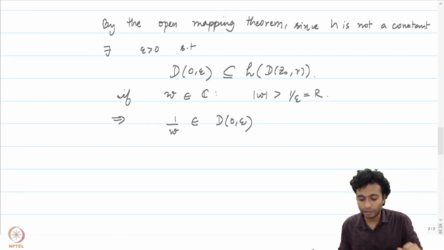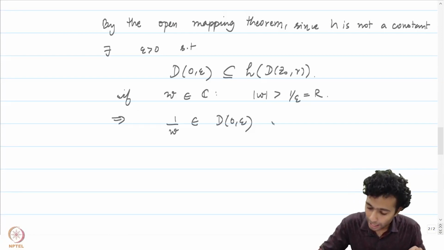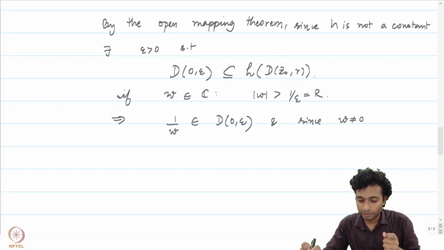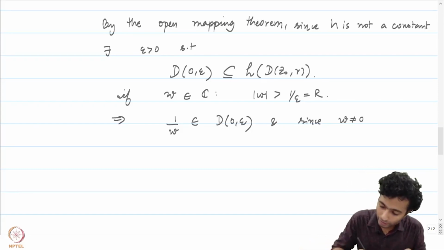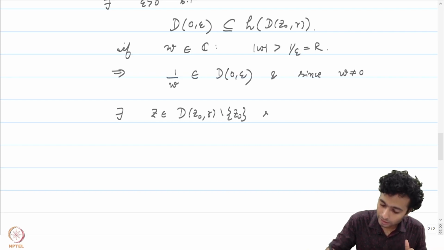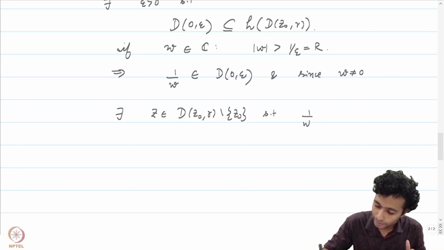So 1 by w is going to be in D(0, epsilon), and since w is not equal to 0, remember that h maps only z0 to 0, therefore there exists some z in D(z0, r) minus z0 such that 1 by w is equal to h(z).